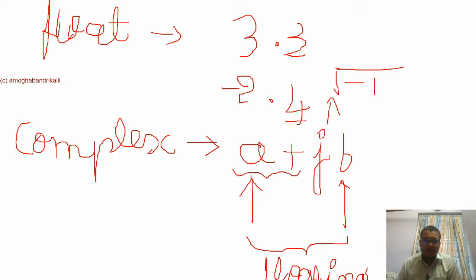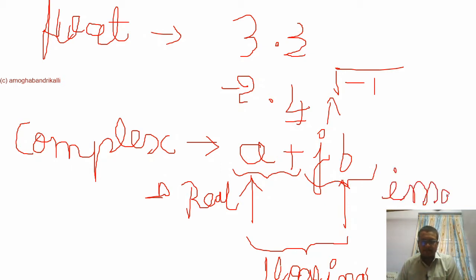The a part is the real part, and the b part is the imaginary part. So this is the complex number support provided in Python.